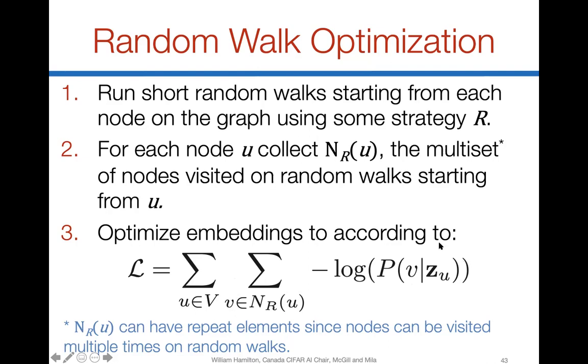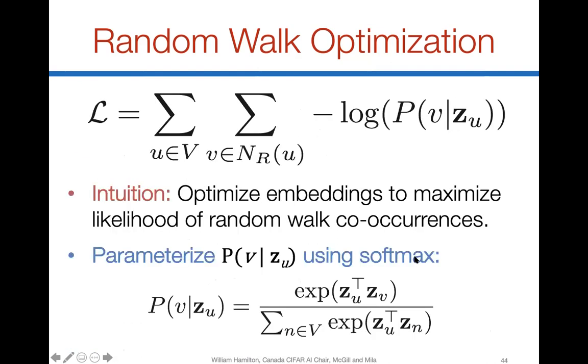And then this term here is a very classic thing we do in machine learning, which is that we're trying to minimize what's called the negative log probability. I think it's best to think of it this way: we're trying to learn embeddings that give the highest possible probability to these random walk statistics that we end up seeing. So the intuition is that you're trying to optimize embeddings to maximize the likelihood of random walk co-occurrences.